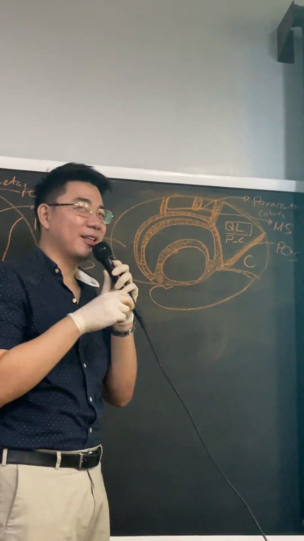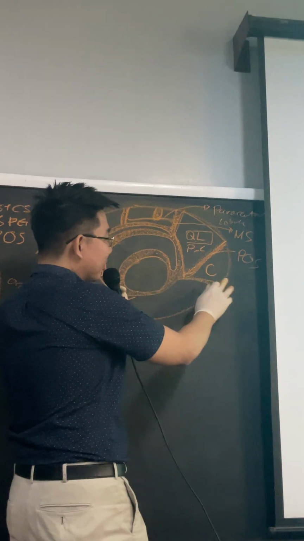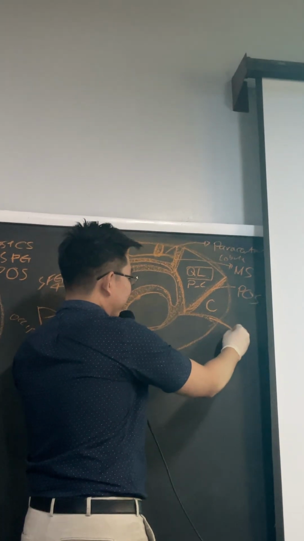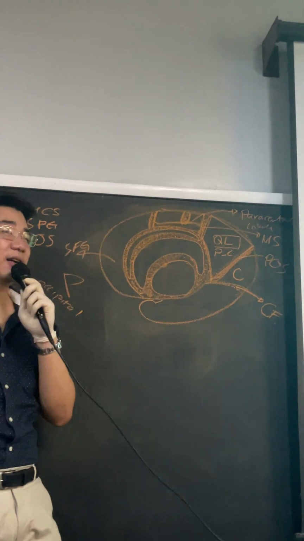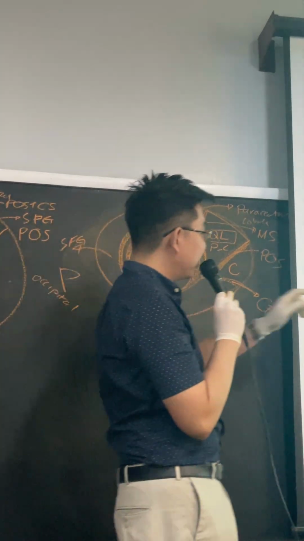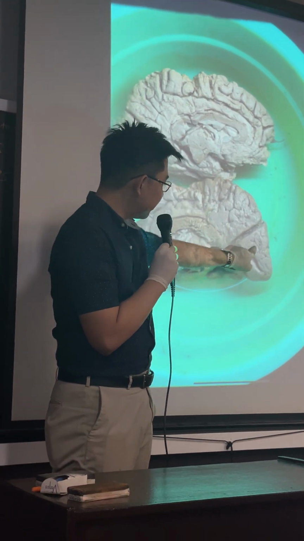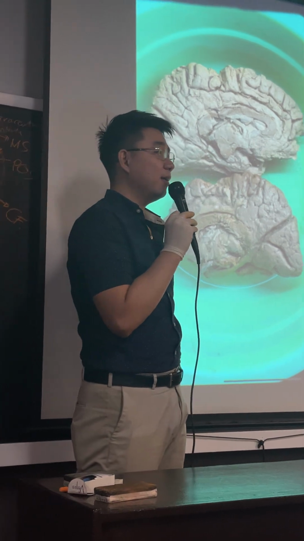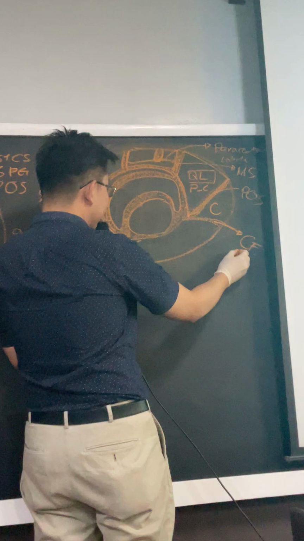Okay. Just after the cuneus is another fissure, and this is called the calcarine fissure. If you can see it here, this one is the parieto-occipital sulcus, this one is the cuneus, and this one is the calcarine fissure.